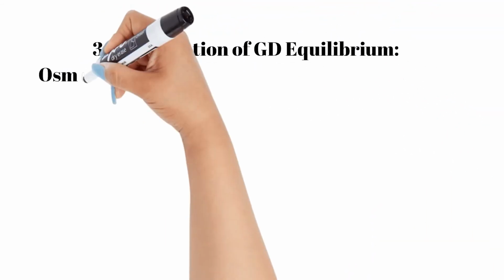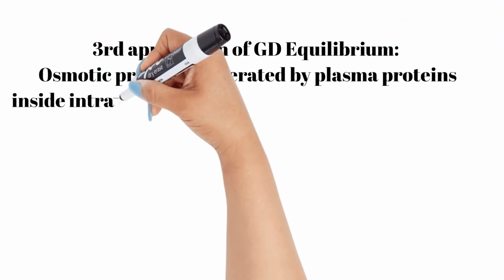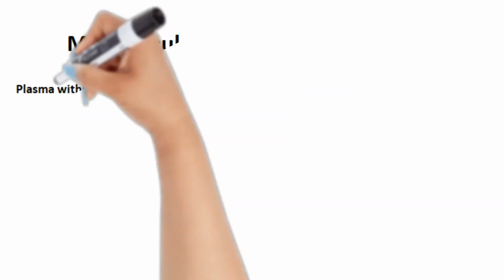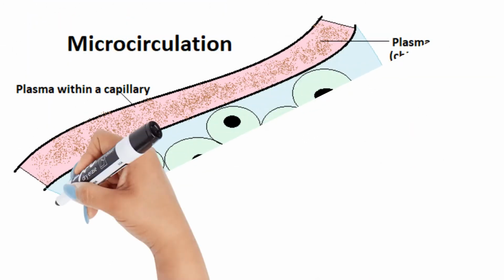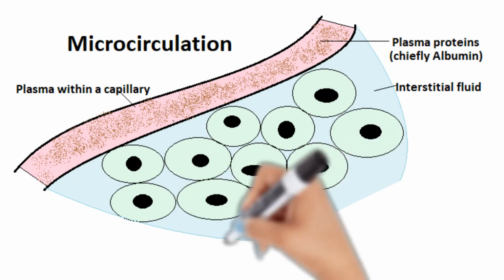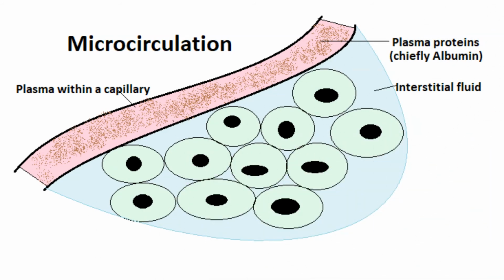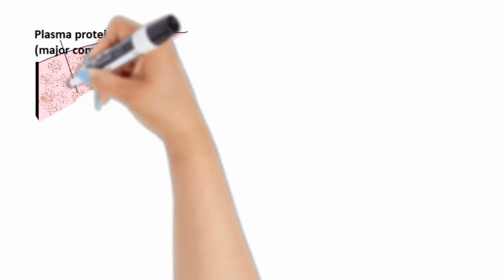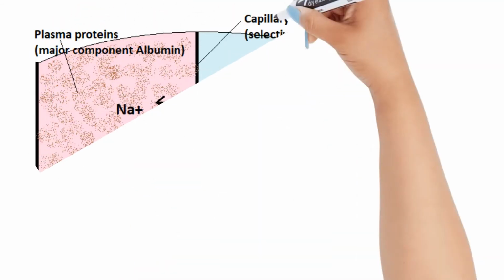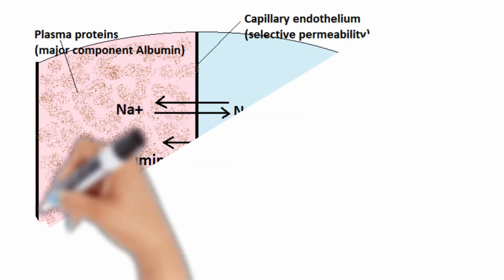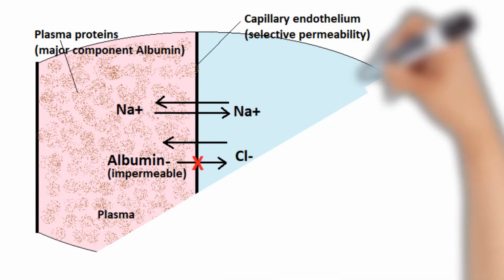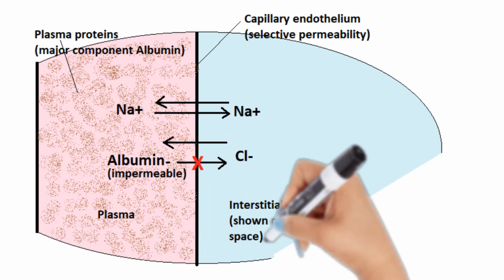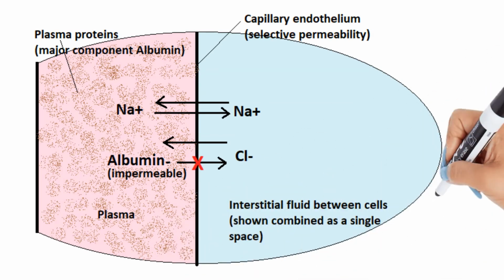Another application of this process is about generation of plasma oncotic pressure in the intravascular compartment by plasma proteins, chiefly albumin. Albumin is the most abundant plasma protein, and has a negative charge on it. Also, it is impermeable across the capillary endothelium. The interstitial fluid is deficient in plasma proteins normally, but has a similar ionic composition with that of plasma.